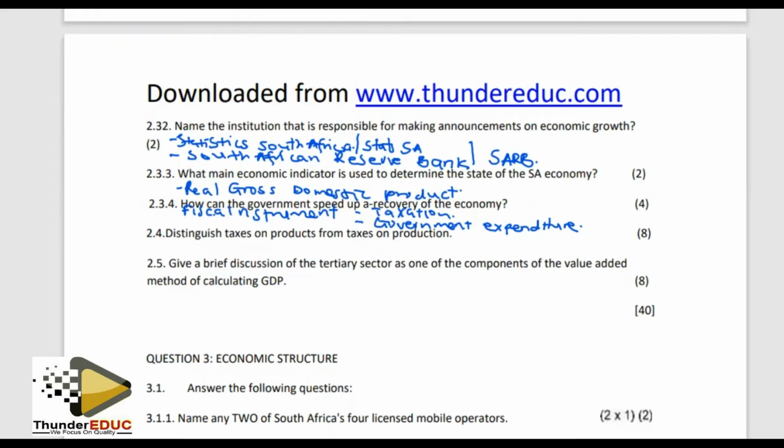Besides that, the government can reduce taxes on people's income so that they can have enough disposable income. And also, the government can reduce taxes on factors of production, on resources, so that the supplier can produce as many goods and services.